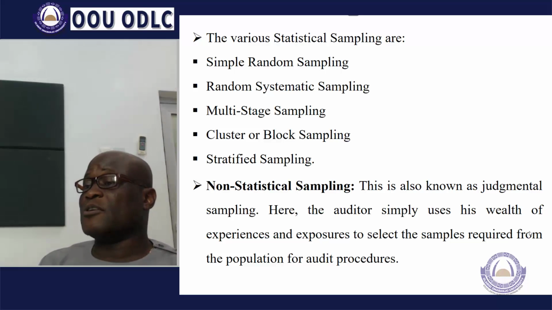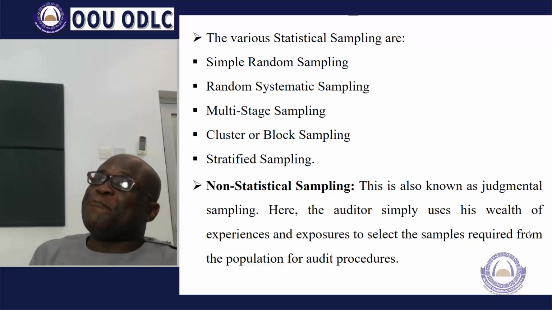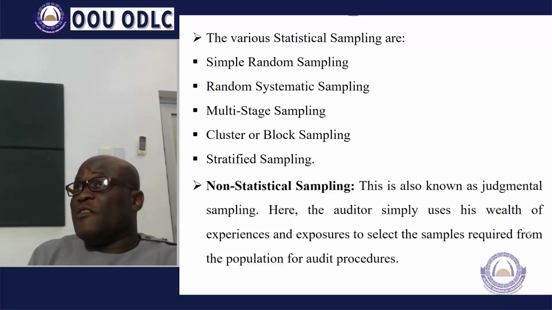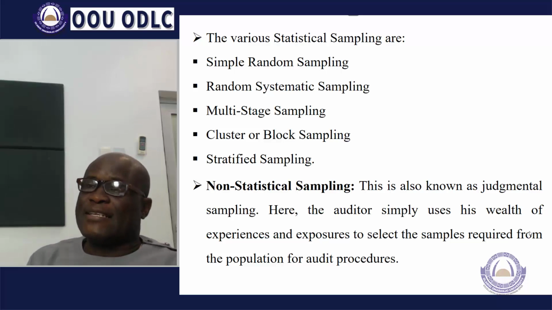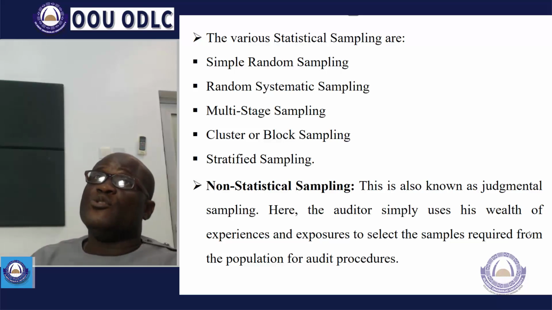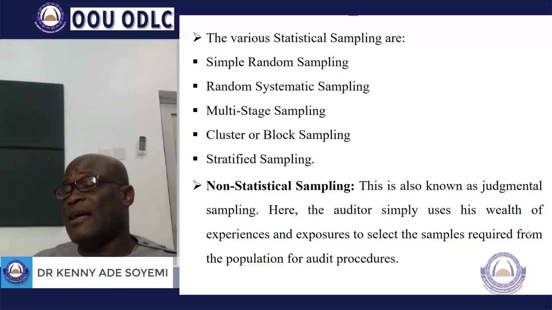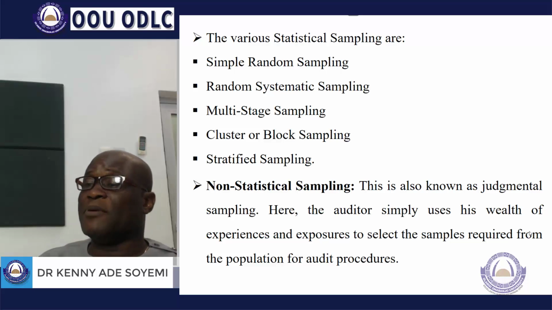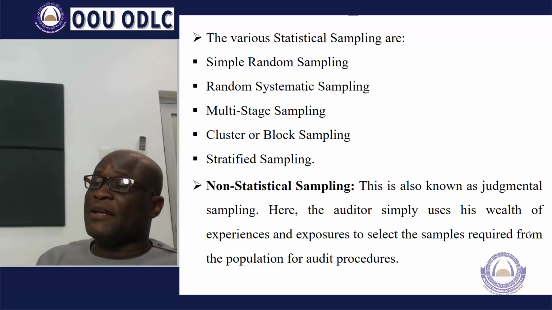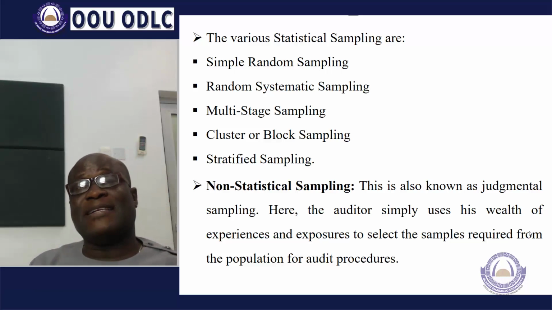In other words, junior staff that are inexperienced may not have enough experience to be able to select, so they could easily use any of these probability sampling. Again, statistical sampling methods are unbiased. Remember, it's scientific, it's unbiased, it is rigid to that particular listing.